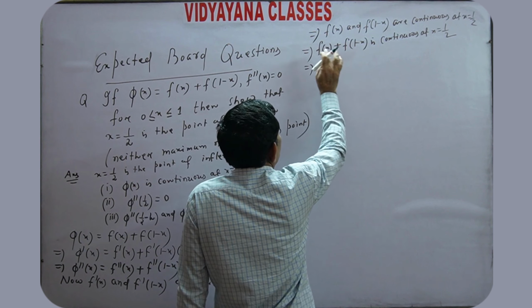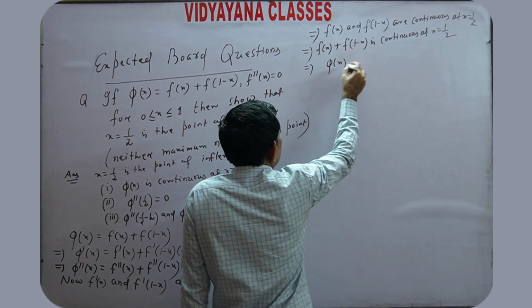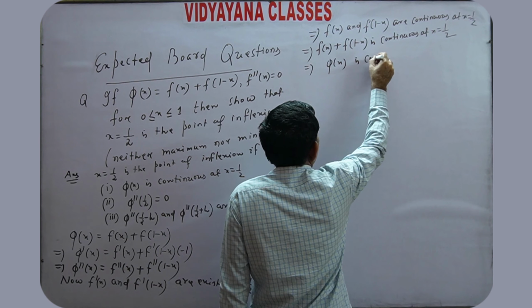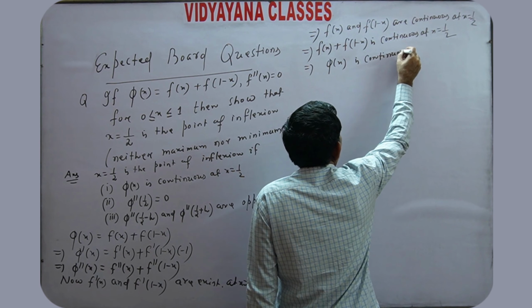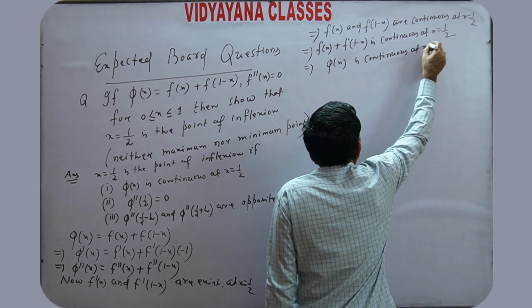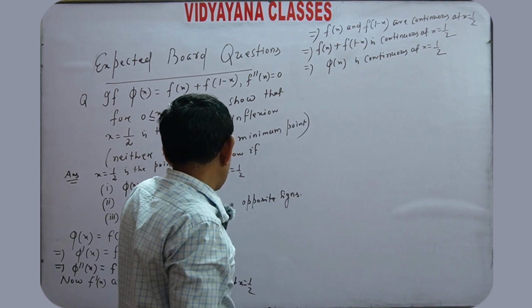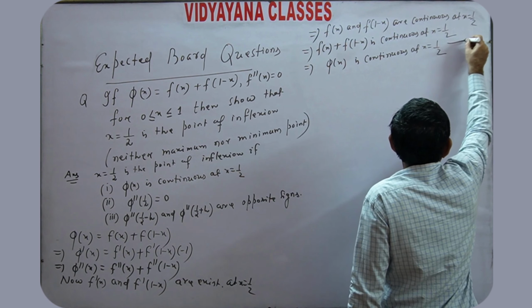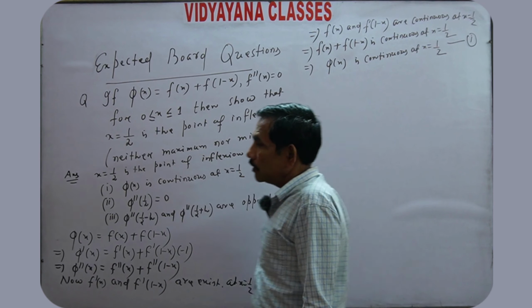This implies f(x) plus f(1 minus x), that is phi x, is continuous at x equal to half. It is the first condition. The first condition is satisfied. That is all. Clear?